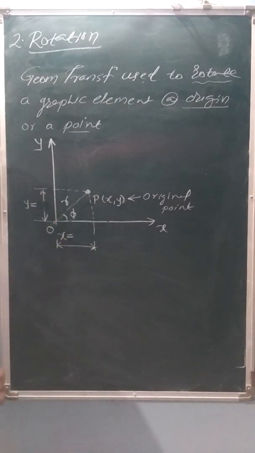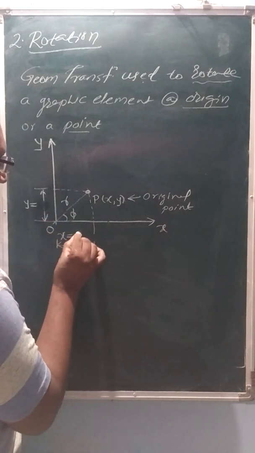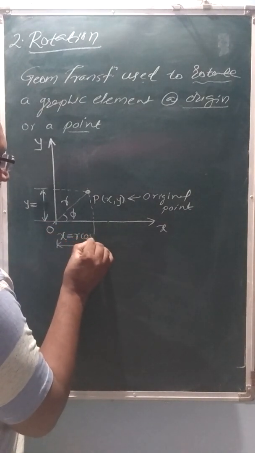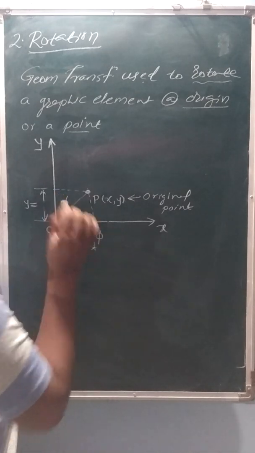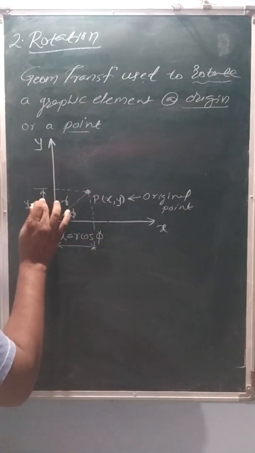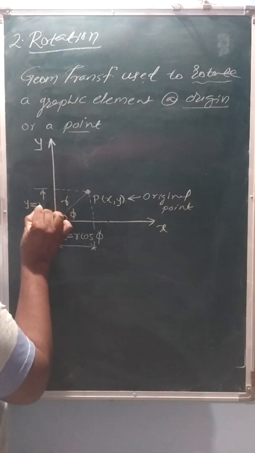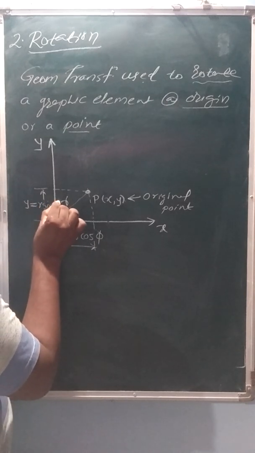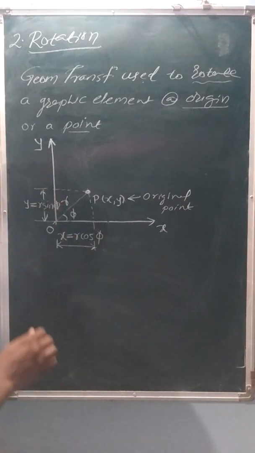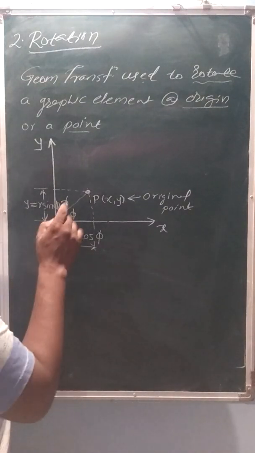Now this x distance will be r cos phi, and this vertical distance along the y-axis will be r sin phi. Okay, so this distance is r sin phi.